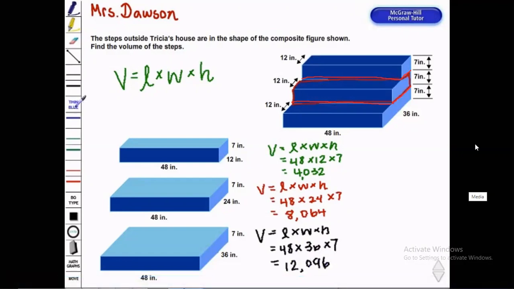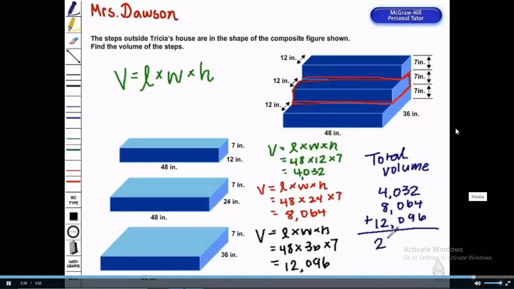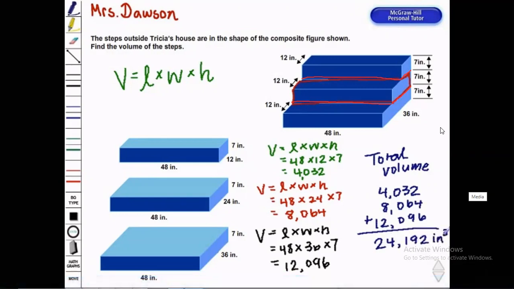In order to find the total volume of the steps, we find the sum of 4,032, 8,064, and 12,096 for a grand total of 24,192 cubic inches.